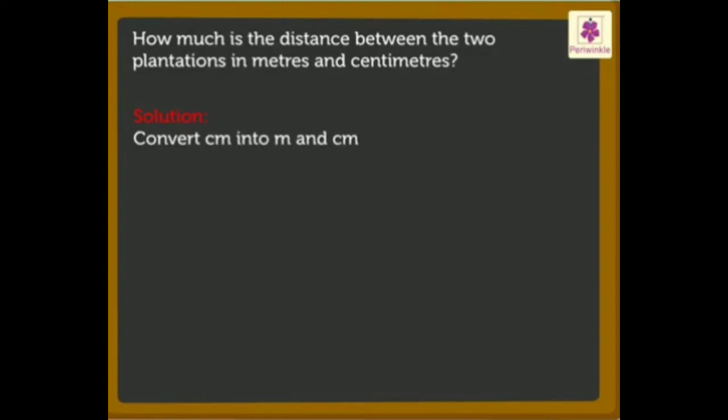So, let's start. We already know that 100 centimeters is equal to 1 meter. Here, the given distance is 785 centimeters. The first 2 digits from the right show the centimeters, that is 85. And the remaining digits show the meters. Here it is 7.